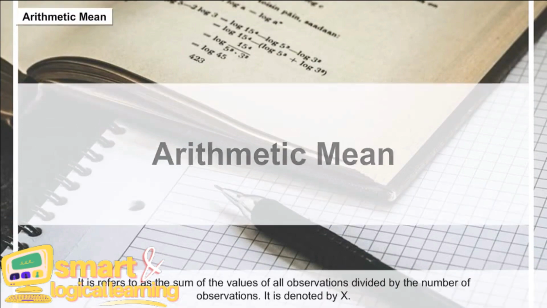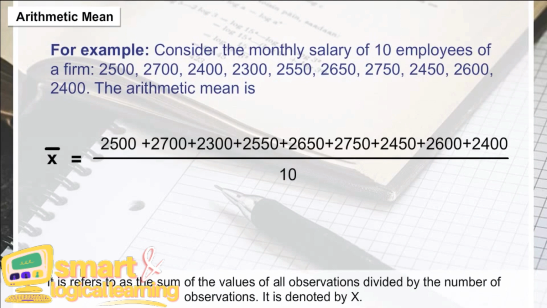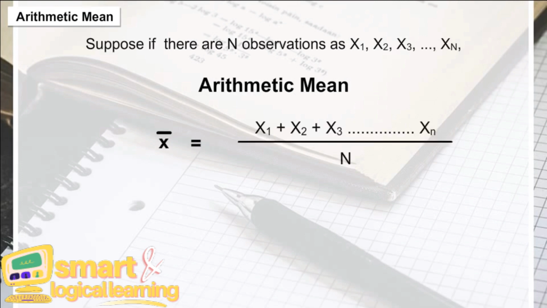Arithmetic mean. It is referred to as the sum of the values of all observations divided by the number of observations. It is denoted by x bar. Suppose there are n observations x1, x2, x3 and so on till xn, then the arithmetic mean is given by x bar is equal to x1 plus x2 plus x3 plus and so on till xn upon n.